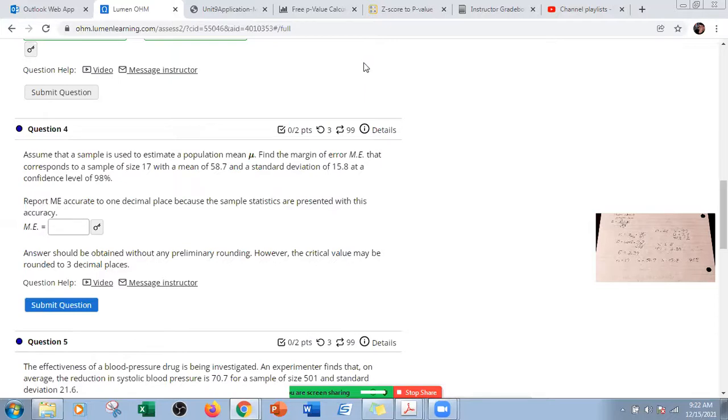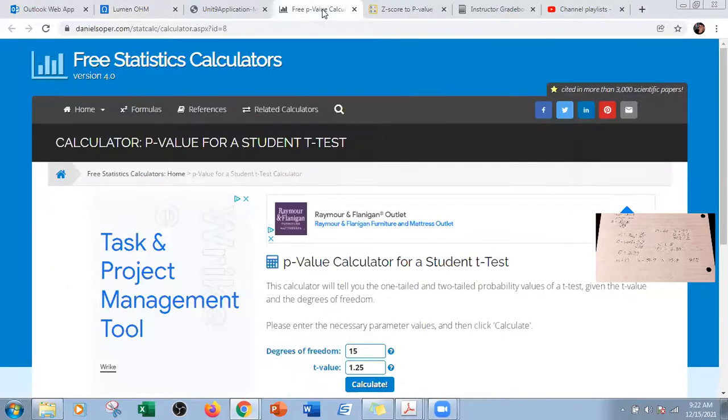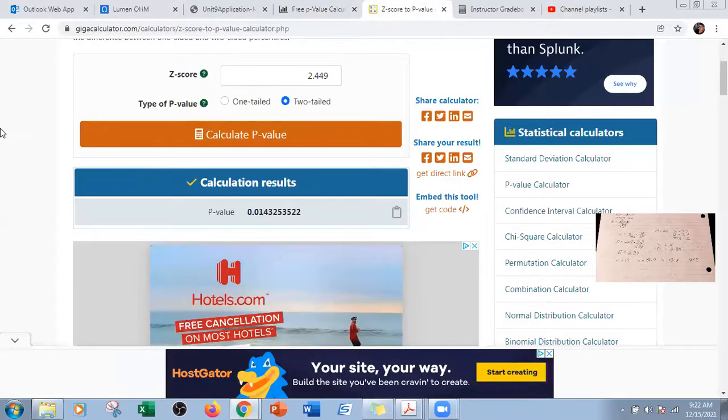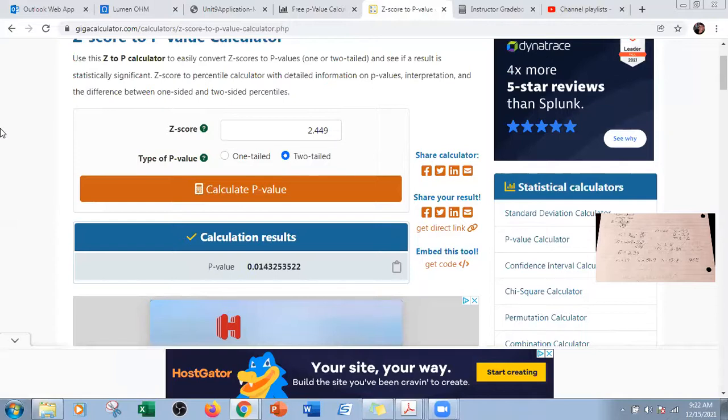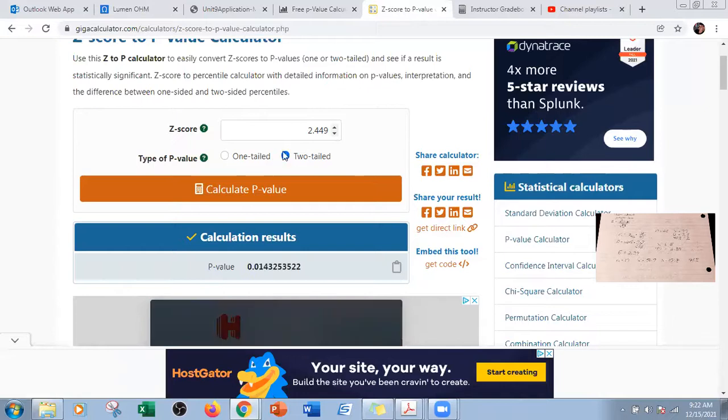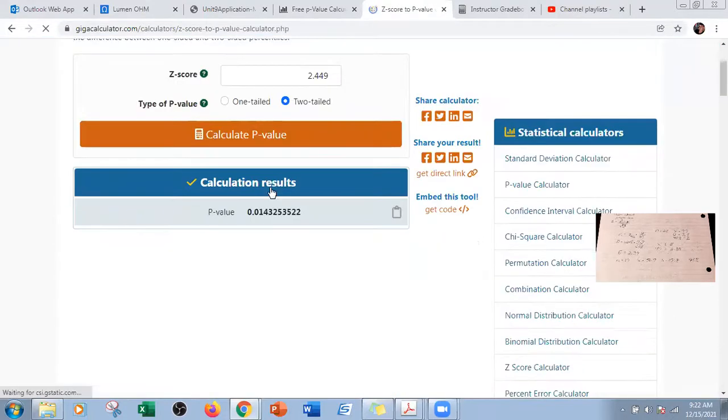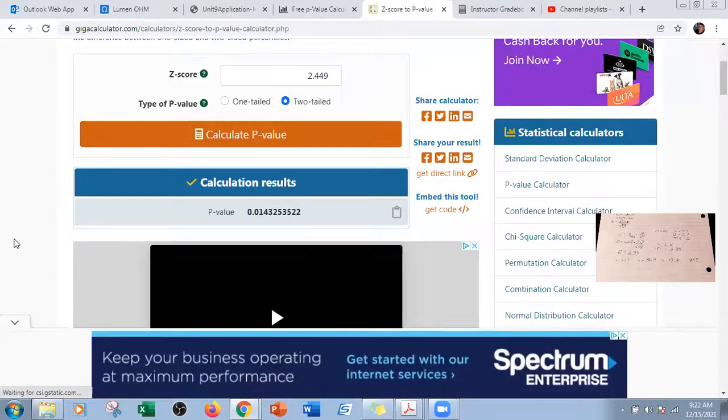So one of the things I want to keep in mind is we had two tables that we're essentially looking at and using for our t-test and for our t-scores, z-scores. So for instance, if my z-score is 2.449 and it was two-tailed, I can calculate the p-value and then it presents the result below.